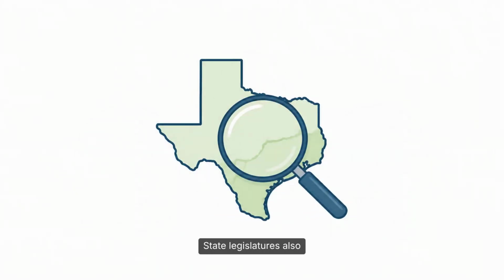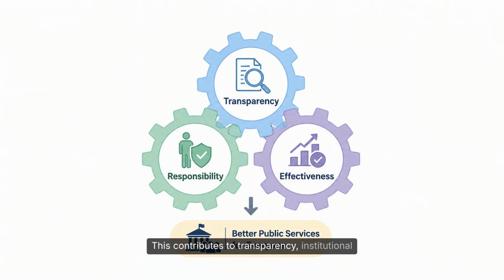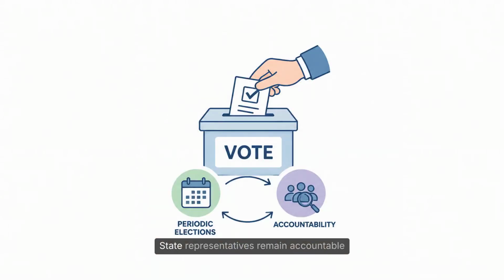State legislatures also perform an oversight function. Legislative committees examine the work of executive agencies, question public officials, review public expenditure, study policy implementation, and assess the effectiveness of state programs. This contributes to transparency, institutional responsibility, and the effective administration of public services. State representatives remain accountable to the public through periodic elections.